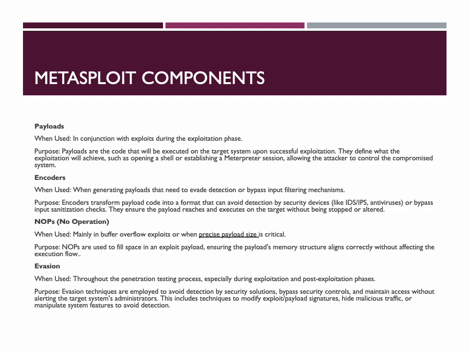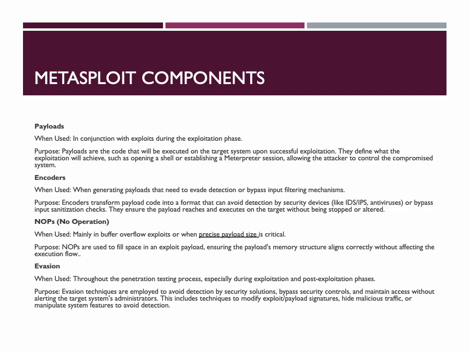And then comes encoders. When do you use them? When you're generating payloads that need to evade detection or bypass input filtering mechanisms. And then what encoders do is they transform payload code into a format that can avoid detection. So you're trying to bypass security devices like IDSs and IPSs, antiviruses, or bypass input sanitization checks, right?